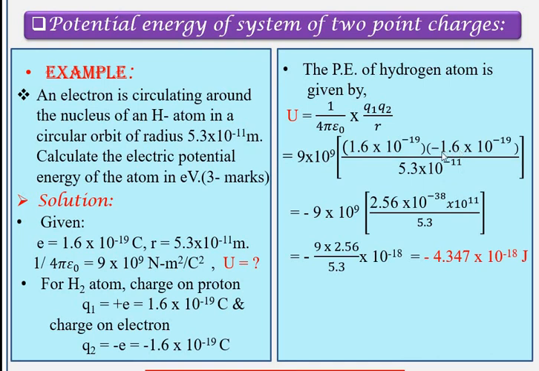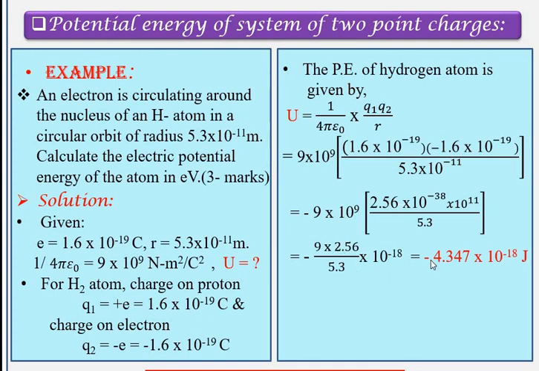The 10 raised to minus 11 in the denominator comes in the numerator and becomes 10 raised to plus 11. 10 raised to plus 11 into 10 raised to 9 becomes 10 raised to 20, and 10 raised to minus 38 into 10 raised to 20 becomes 10 raised to minus 18. Therefore, this equation becomes U equal to minus 9 into 2.56 divided by 5.3 into 10 raised to minus 18.